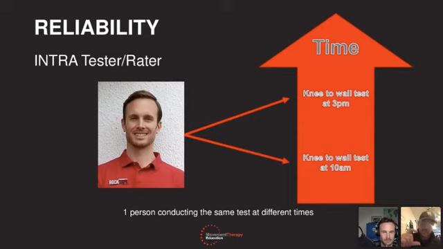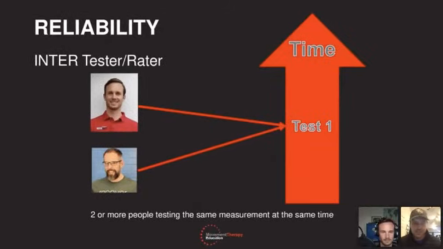Okay, so that's something that you might see in research papers, intra and inter-tester. And we'll have a look at the next one. We've got a guest. We've not had him on. We should bring him on. So we've got Rob and Dan both doing a test at the same time. And this is inter-tester reliability.